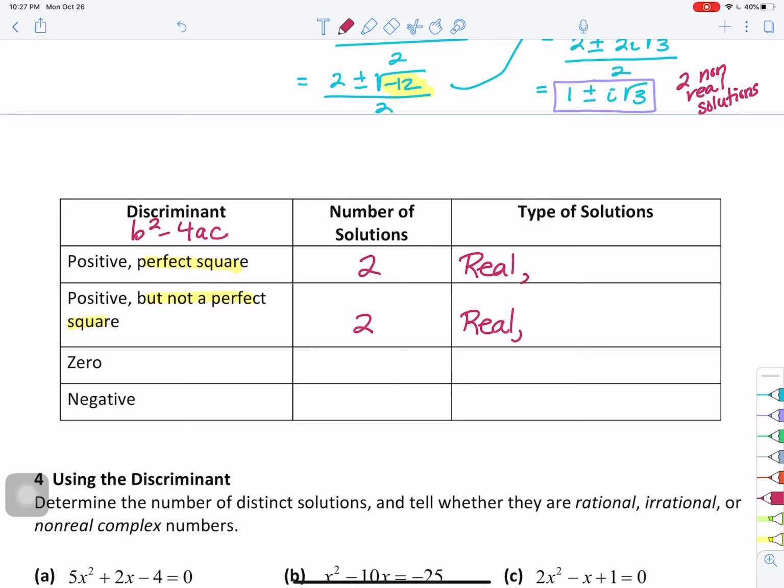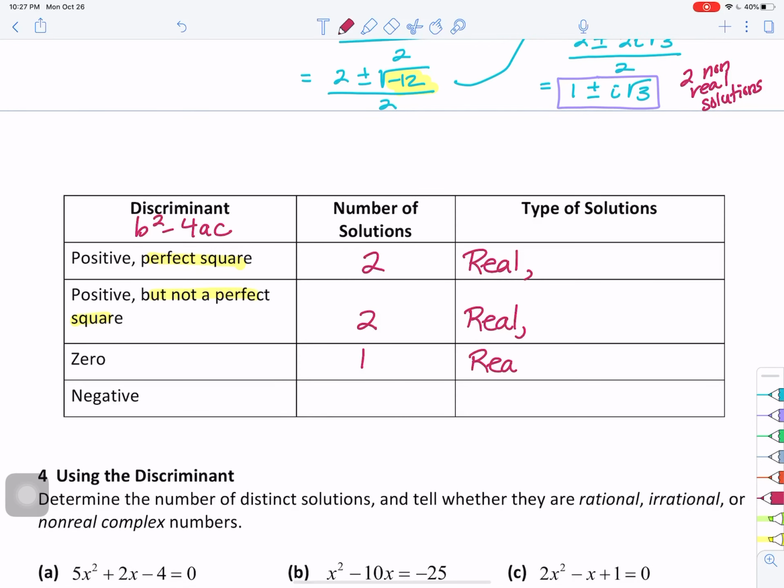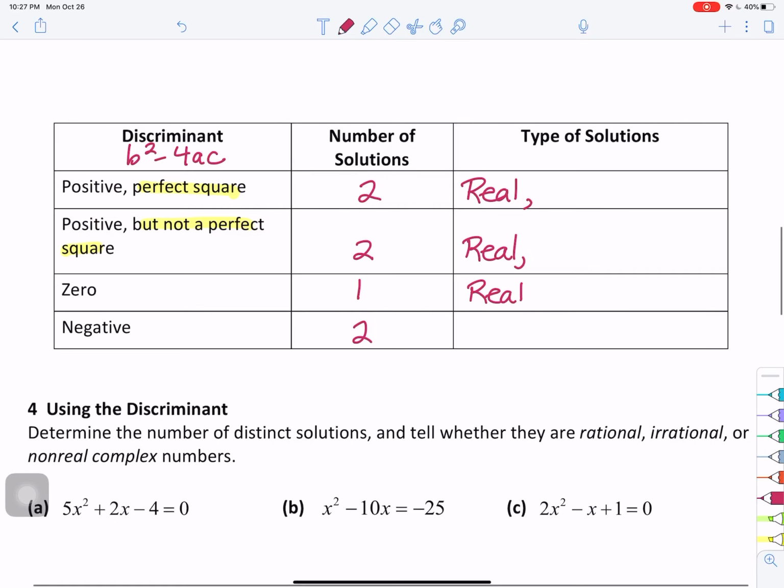If you have a 0 for the discriminant, you only have one solution, and it is real. And if you have a negative discriminant, you have two solutions, but they are imaginary. They are non-real. So I'm just going to put imaginary, and you can also put non-real complex.